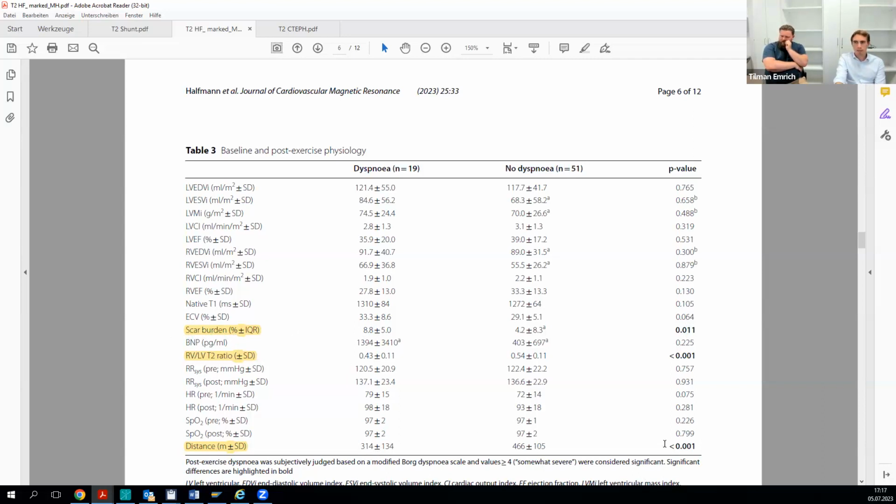That is something that you'd assume from the get-go. And if you look at all these parameters, which we can quantify, including T1 mapping of the myocardium actually and ECV, you can see there's not a significant difference for this cohort, at least between those two patient groups, right? And you don't see the prediction from the CMR for dyspnea or no dyspnea, and therefore for the distance.